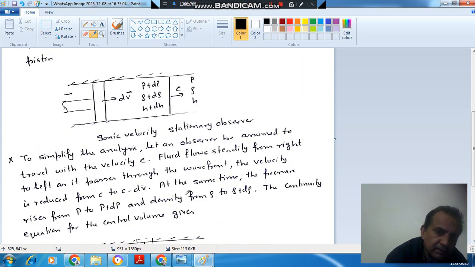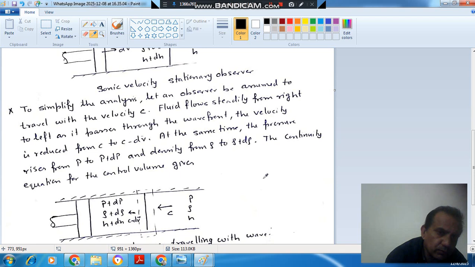To simplify analysis, let an observer be assumed to travel with velocity c, so the wave front appears stationary. The fluid flows steadily from right to left as it passes through the wave front.